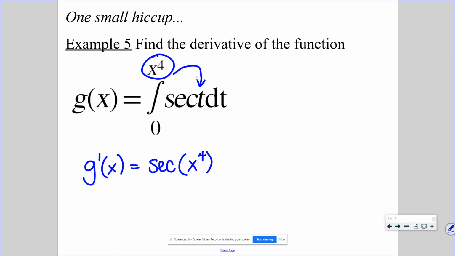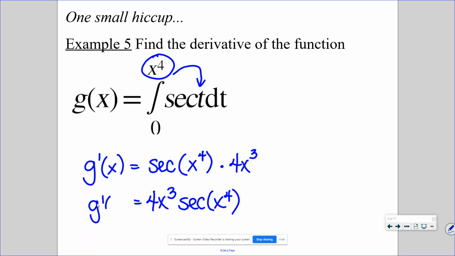So for this one, I'm plugging something in, and that's creating a mama-baby situation. Because I am doing a derivative, technically speaking, you would also need to account for the derivative of your baby. So this one, you would have to also do an extra step, and that is to multiply by the derivative of your baby. Still, in the grand scheme of things, not that bad.